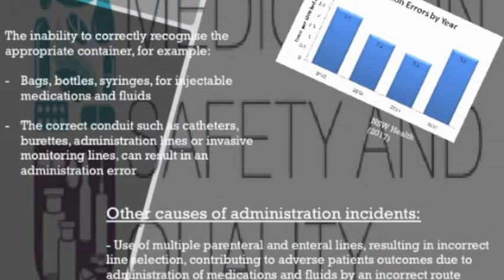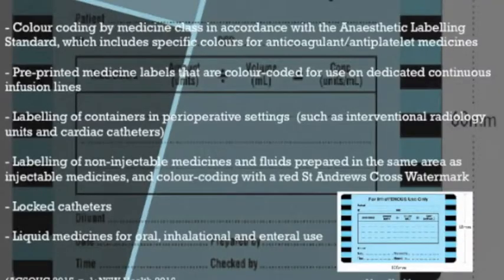Other causes of administration incidents have been found to be when multiple parenteral and enteral lines are in use, and incorrect line selection has occurred and contributed to adverse patient outcomes due to administration of medications and fluids by an incorrect route.